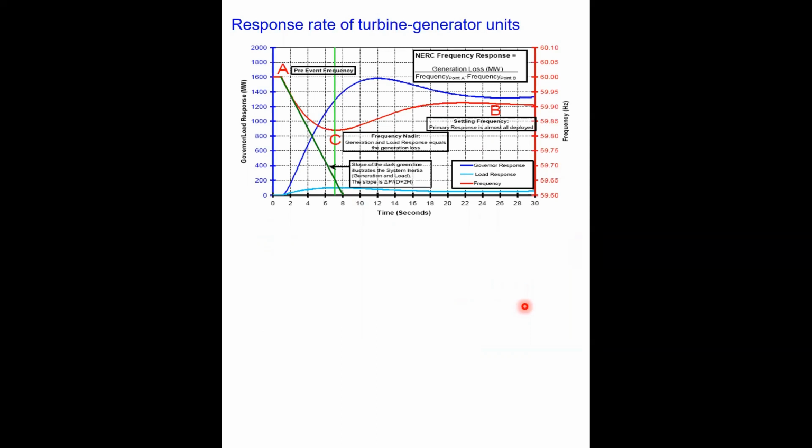So for this curve, on this axis we have the governor or the load response, and here you have the frequency, which will be the red curve.